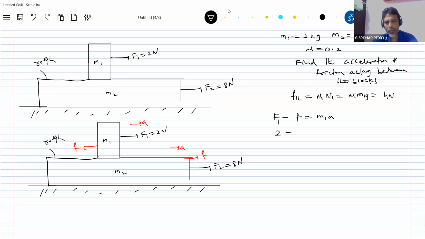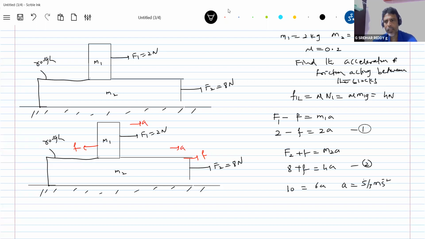F1 is how much? 2. 2 minus F is equal to 2A. This is one equation. Then on the lower block, F2 plus F equal to M2A. F2 is 8, plus F equal to 4A. Solving these two, 10 equal to 6A, acceleration 5 by 3 meter per second square.